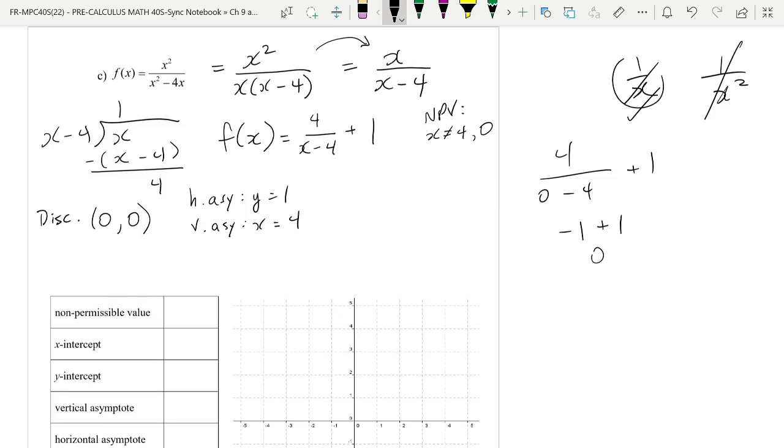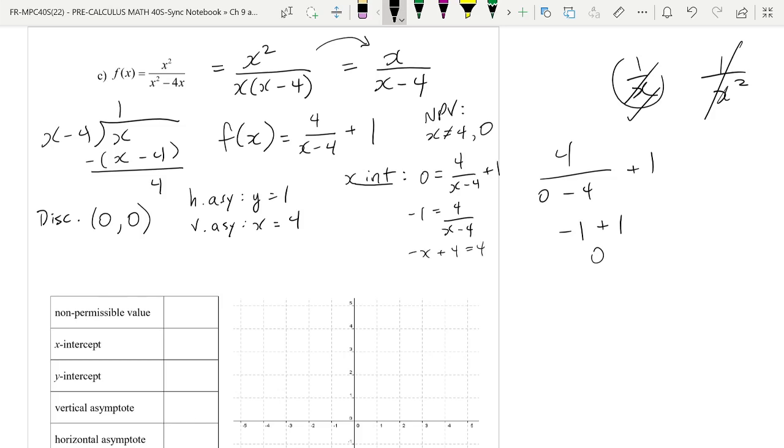Should we find some intercepts? Let's find the x-intercept first. What's the x-intercept? If y is 0, I have 0 equals 4 over x minus 4 plus 1, which would be negative 1 is equal to 4 over x minus 4, times both sides of the equation by x minus 4. That gives me negative x plus 4 equals 4.